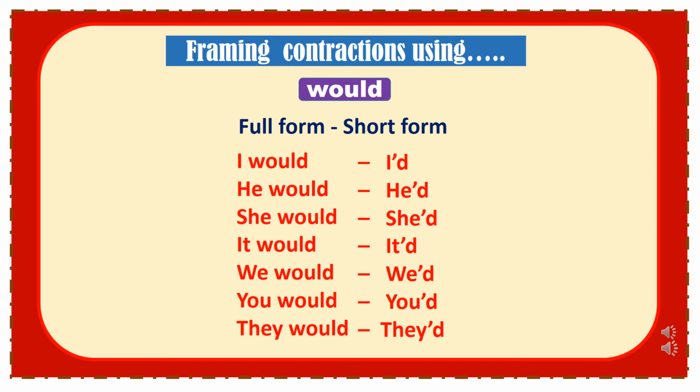I have given the practice. Based on the context and form of the sentence, we have to find out whether it is or has, had or would. Hope I am clear, students.